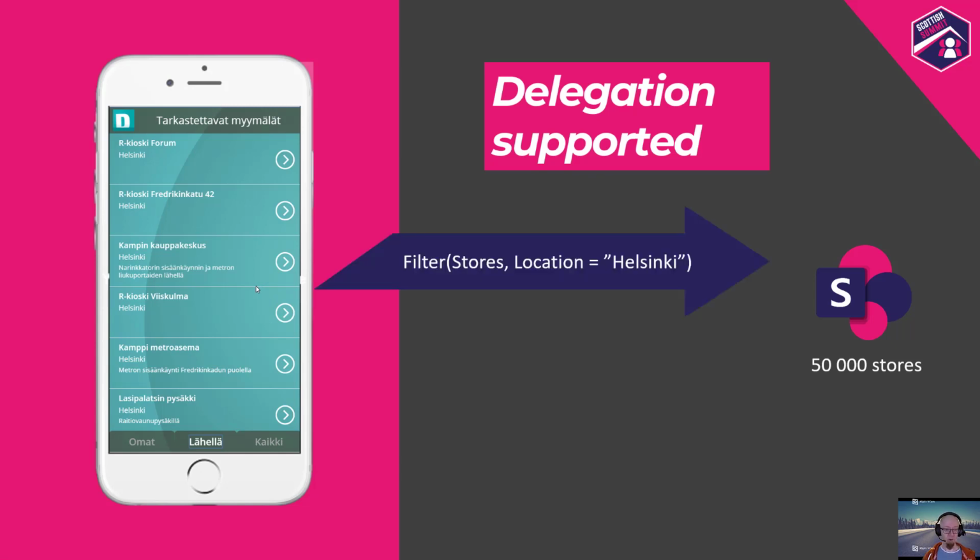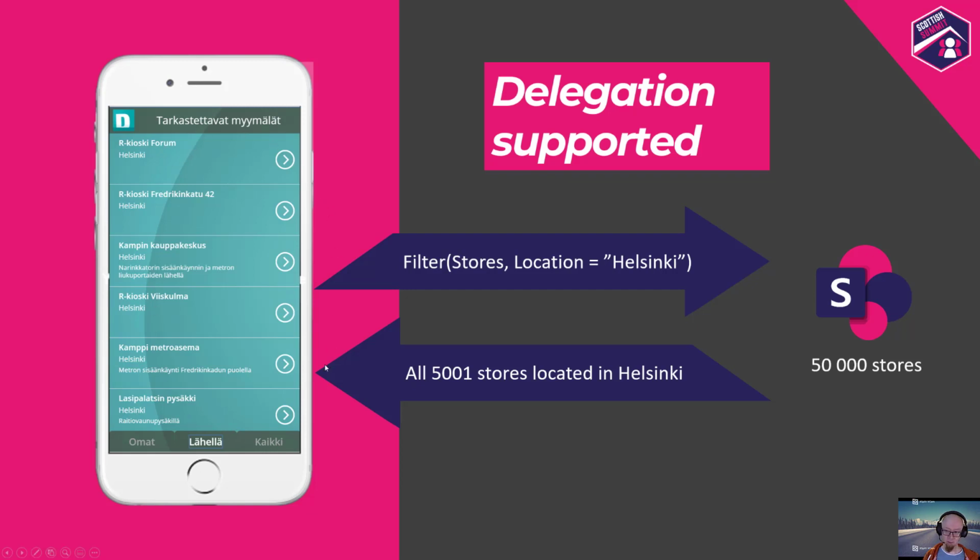So we do a filter query against SharePoint, our data source, and we are filtering all the stores whose location has the value Helsinki. And this query can be delegated to SharePoint. It means that SharePoint does all the filtering, all the work. After that, SharePoint returns all 5001 stores that are located in Helsinki, and in our Power Apps we can do whatever we like with these 5001 items.